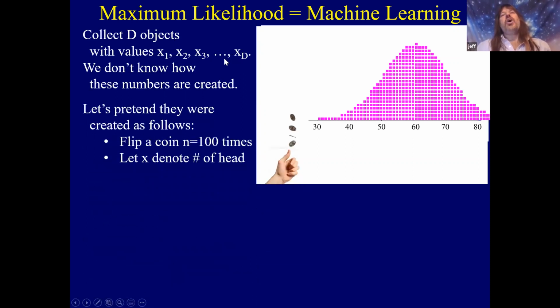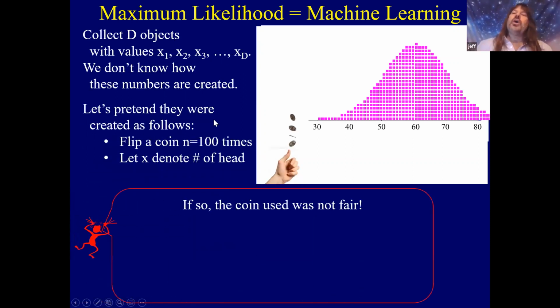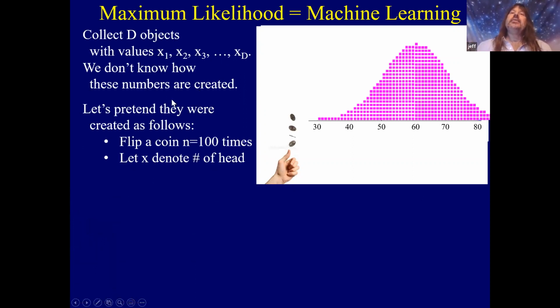So we're going to pretend that the way we got these numbers was by doing some experiment in which we flipped a coin 100 times and asked how many heads there were, right? So we just have a hypothesis: these numbers are distributed in a normal distribution way.